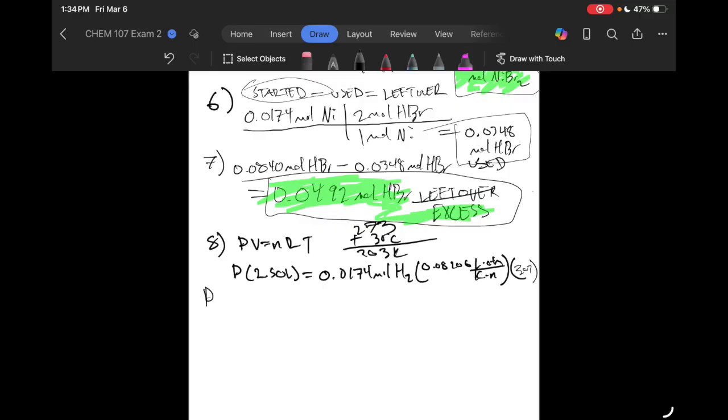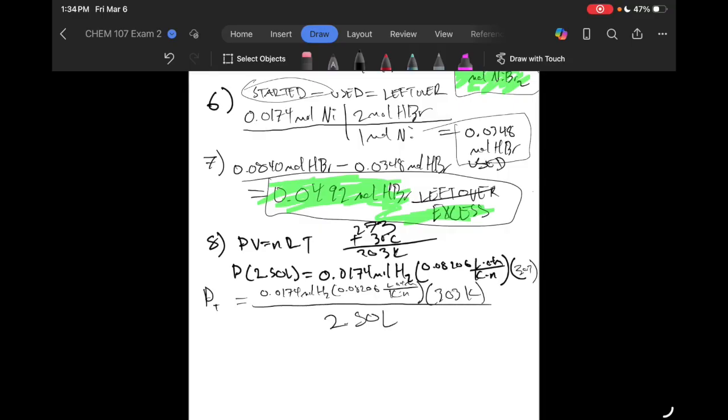Okay, so we want to find our theoretical pressure. I'm going to label this PT for P theoretical. In order to find this, we isolate the variable. So we do 0.0174 moles of hydrogen gas times our R constant, 0.08206 liter atmospheres over Kelvin times moles, times 303 Kelvin over 2.50 liters.